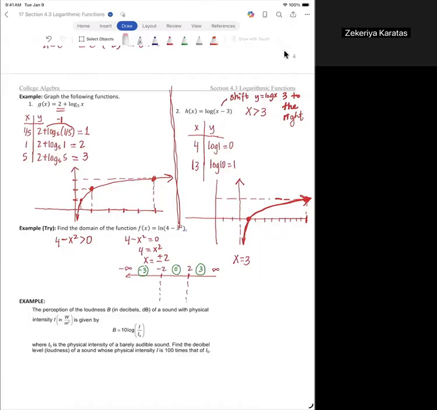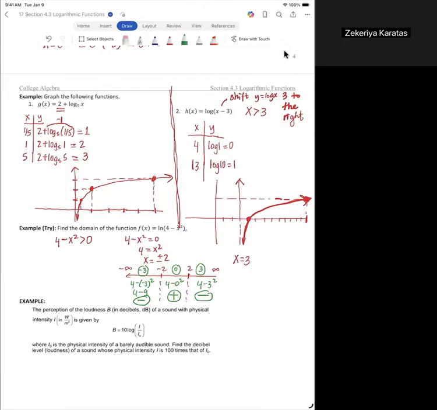If you plug in negative 3, it's going to be 4 minus negative 3 squared, which is 4 minus 9, and that's negative. If you plug in 0, it's 4 minus 0 squared, which is 4, positive. And the last one, 4 minus 3 squared, 4 minus 9, is negative. So this expression is positive only between negative 2 and 2.